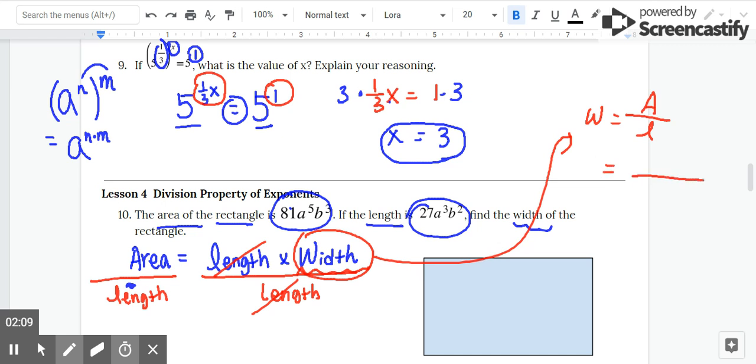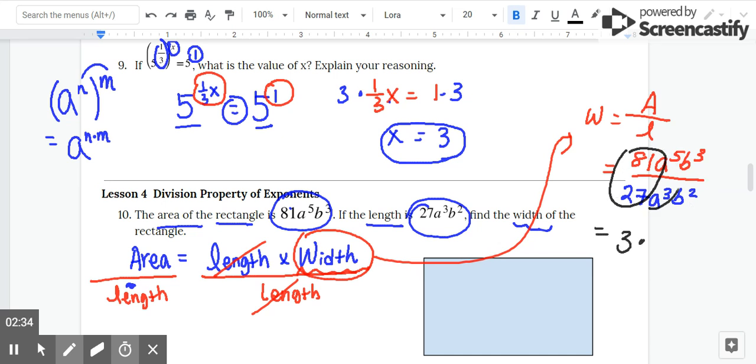So area is what? Area is, and what's the length? So now we need to simplify 81 divided by 27, which is 3.